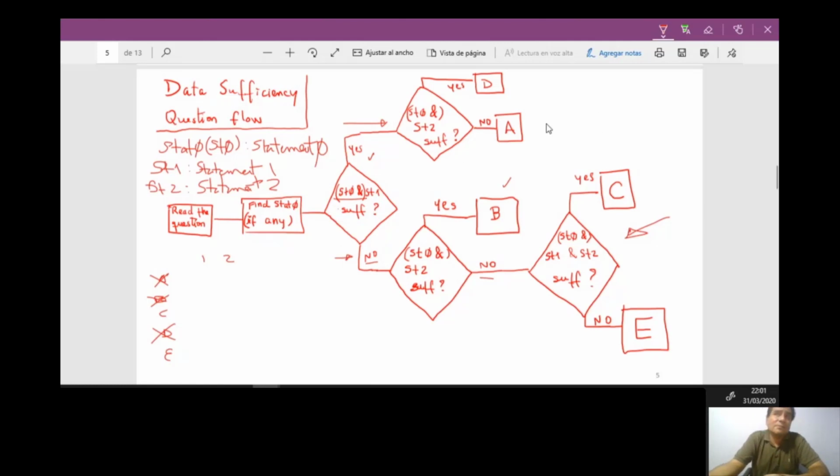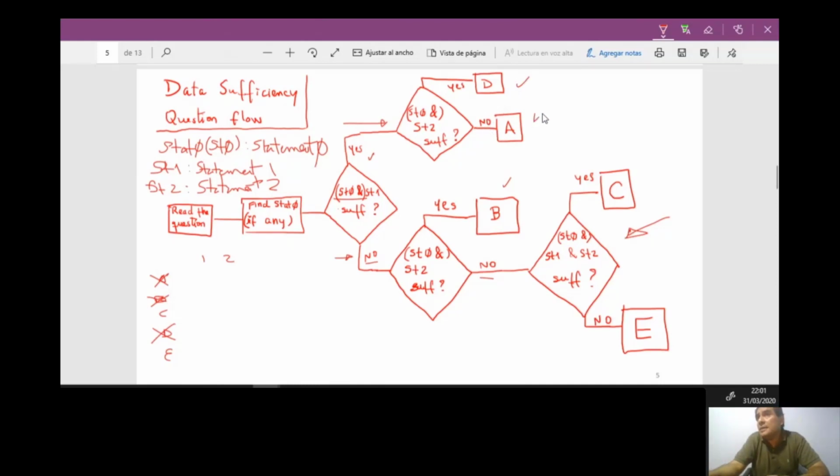Some people ask me sometimes, Gustavo, what happens if statement 1 is sufficient and statement 2 is sufficient? Do I need to put them together to see what happens? And the answer is no. You don't need to do that. When you finish evaluating the two statements and any of them turns out to be sufficient, you have three possibilities actually.